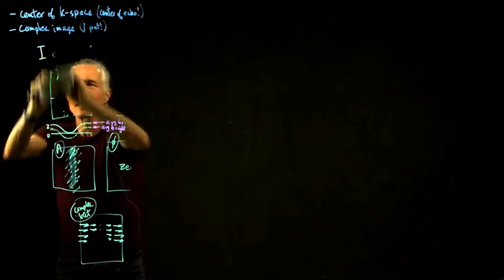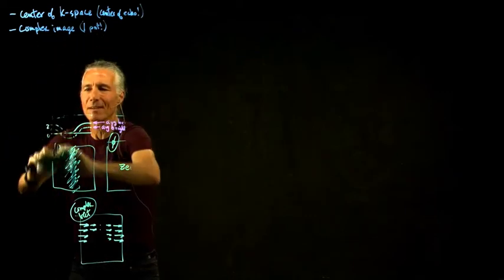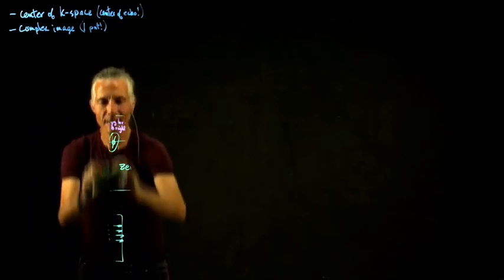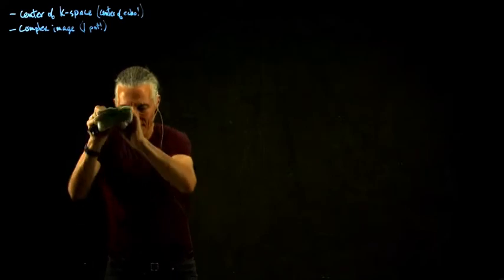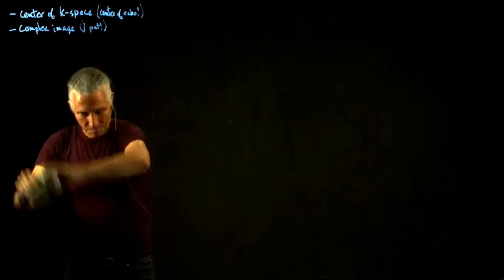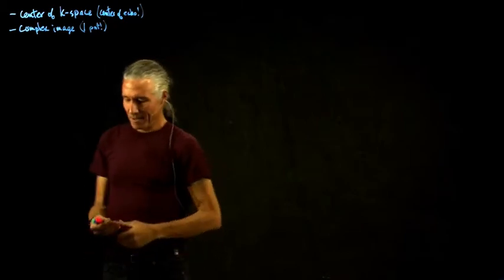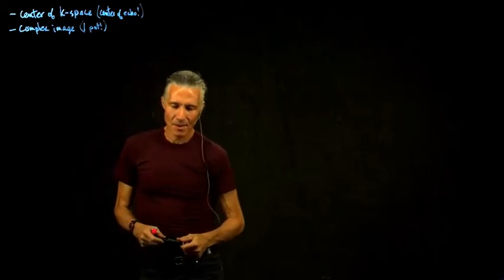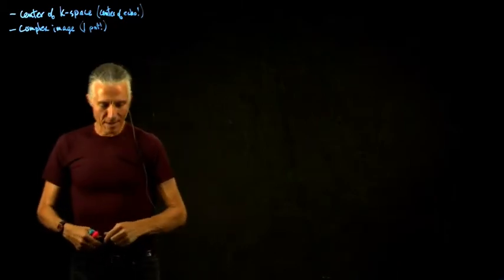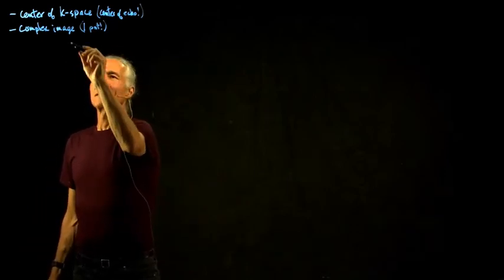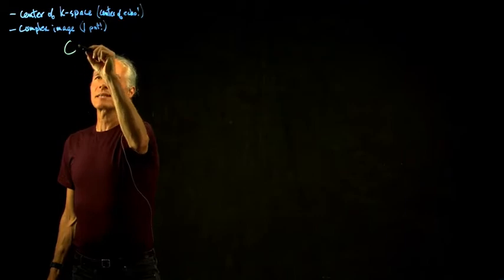So, like I said, for many years I didn't fully understand what a single point in kSpace means. For a single point in kSpace, it turns out we end up with a complex image.